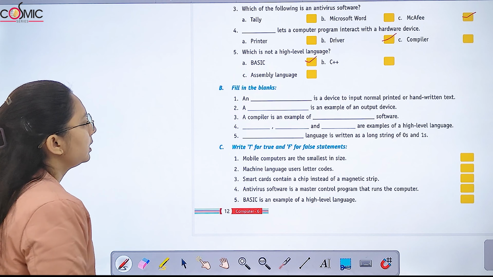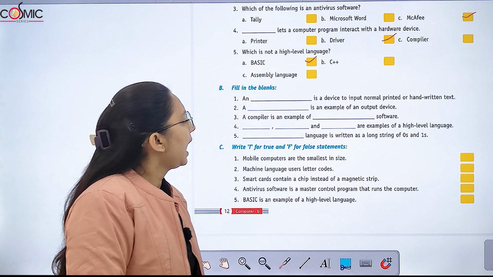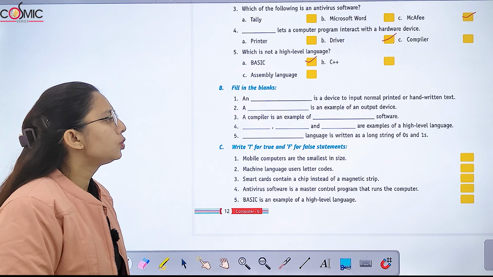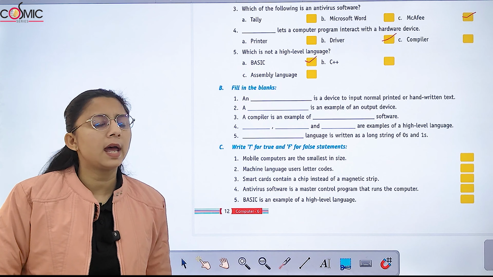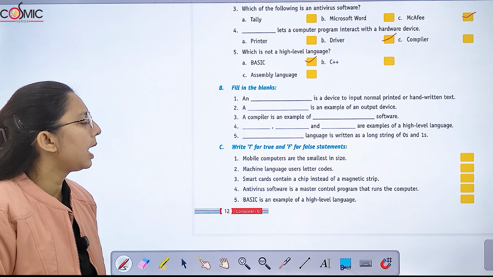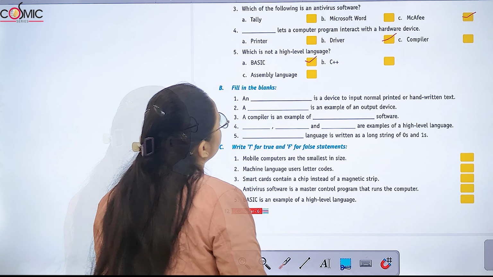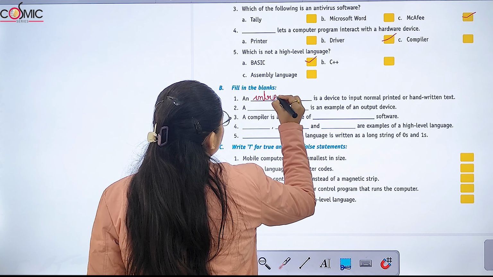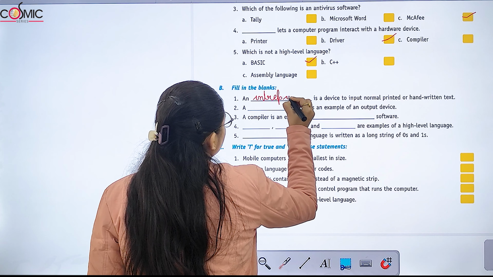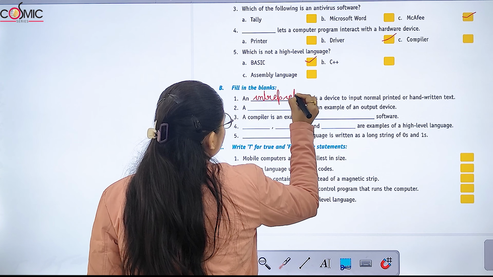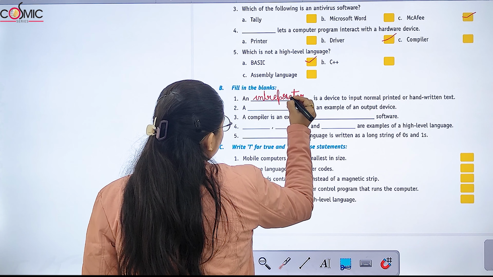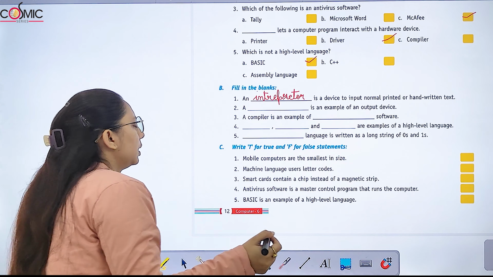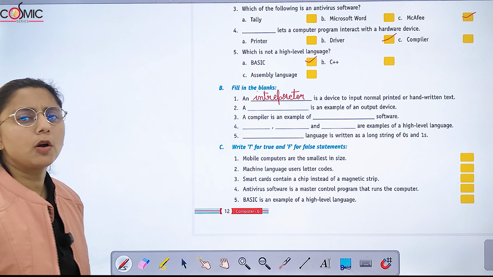Now next is fill in the blanks. A dash is a device to input normal printed or handwritten text. A printer is an example of an output device.